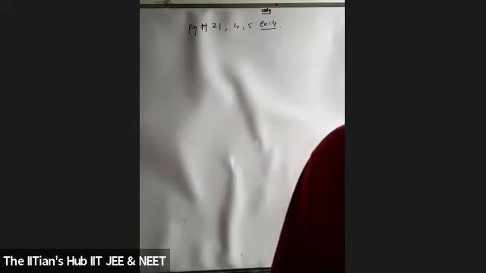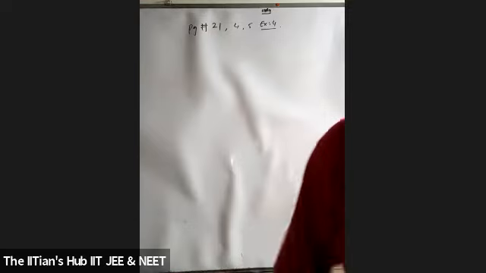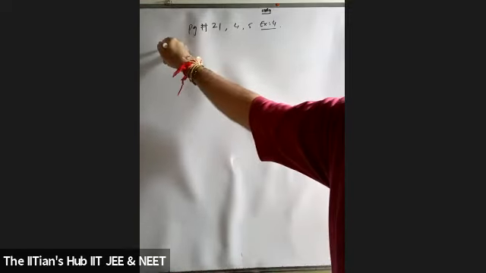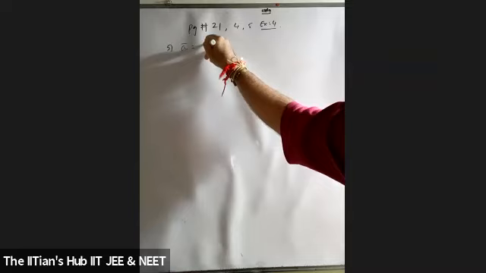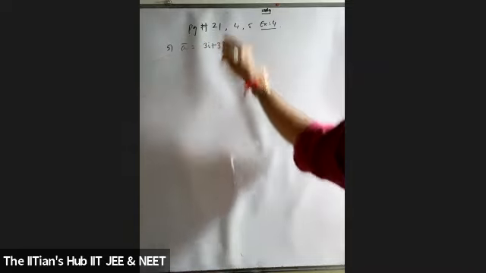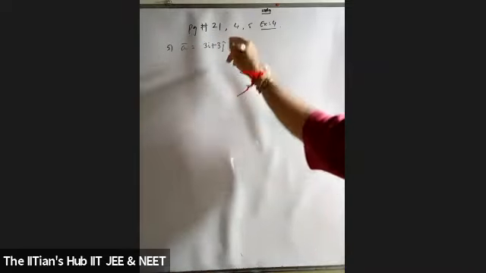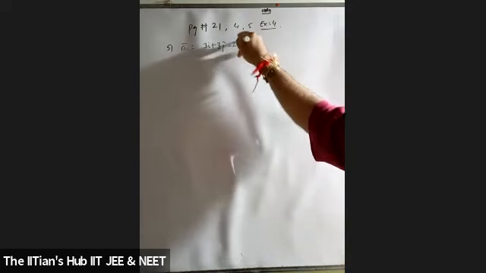I'll put forward the fifth question, students. Vector A is given to you as 3i plus 3j minus 2k.